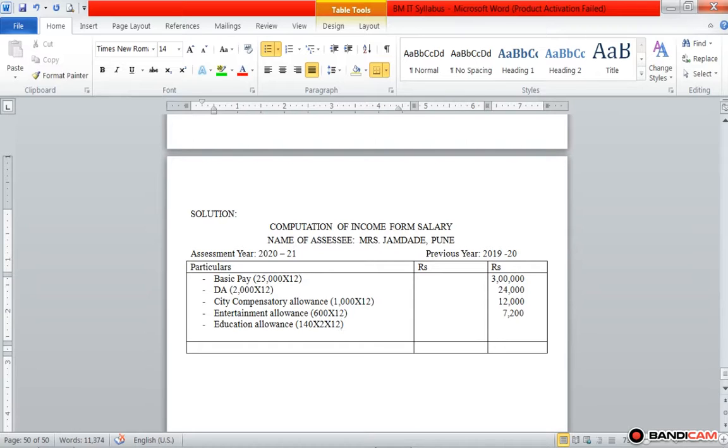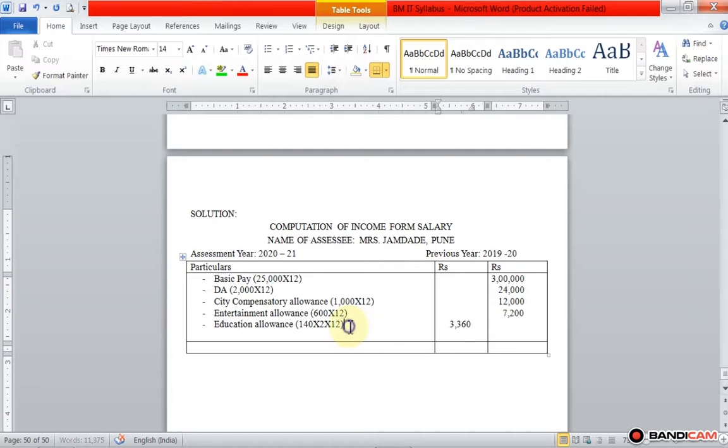Here the amount is rupees 3360, partly taxable and partly exempted allowance.